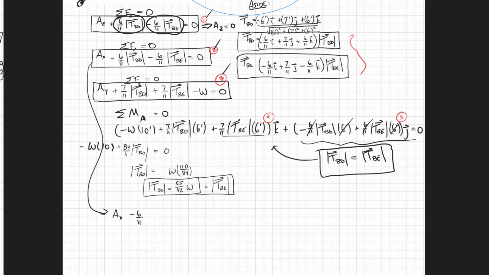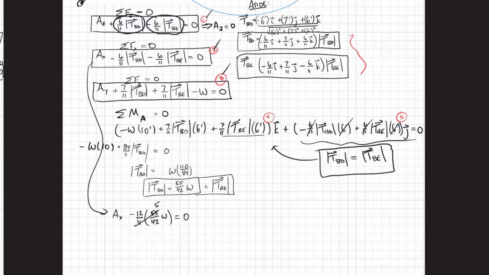I'm going to do two of those because we know they're the same, so let's make this 12 over 11 times TBD, which is 55 over 42 W. That's awfully nice, right? Equals 0, because that's going to work out really pretty.